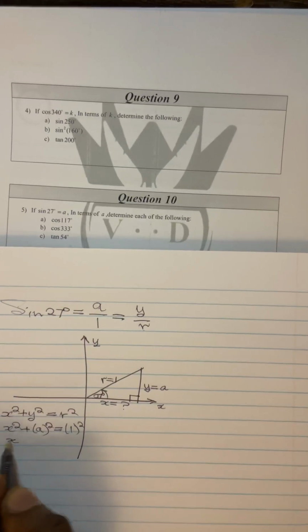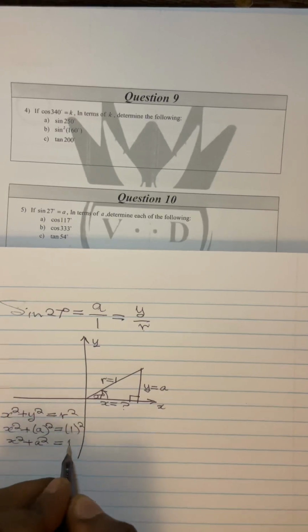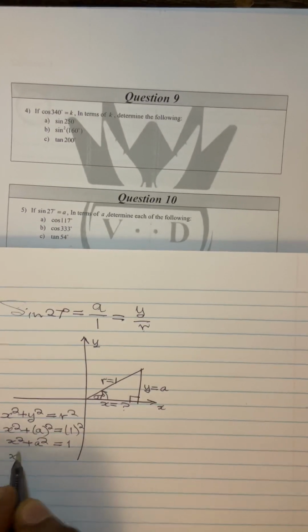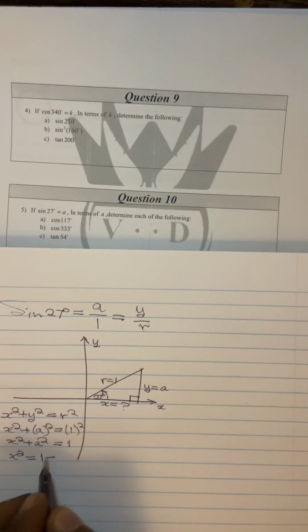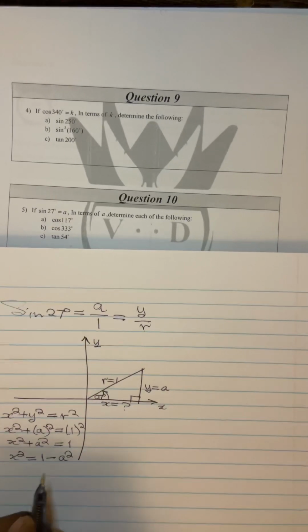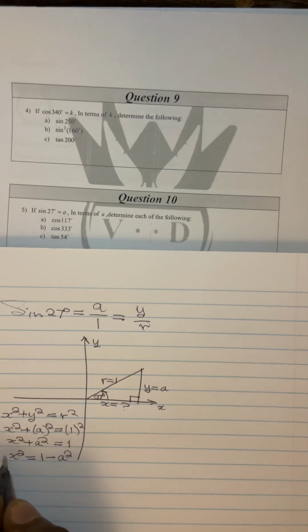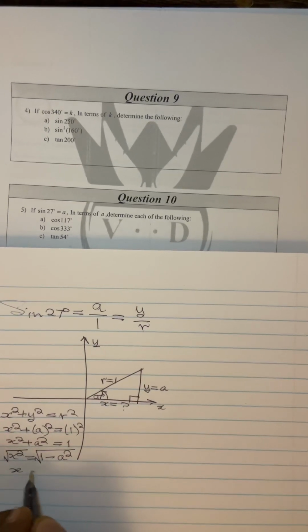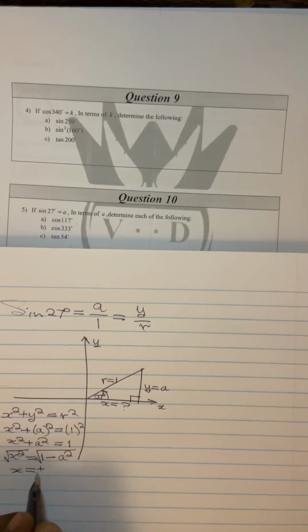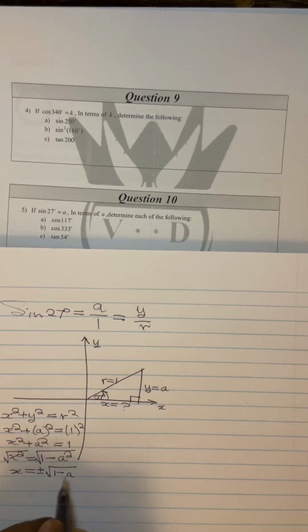So square, we have x squared plus a squared equal to 1. Therefore, when we solve for x, we have x squared transpose a squared. We have 1 minus a squared. And therefore, we put the square root of x squared in order to get the value of x. We have x being equal to plus or minus the square root of 1 minus a squared.